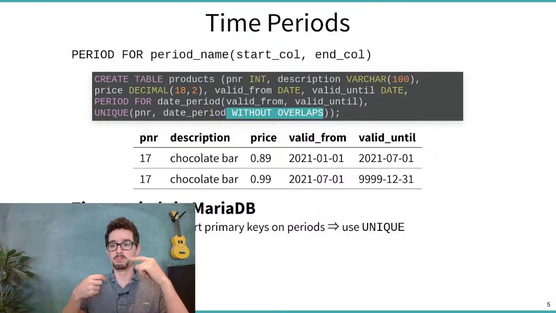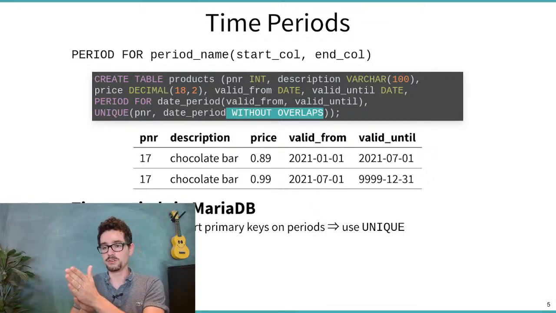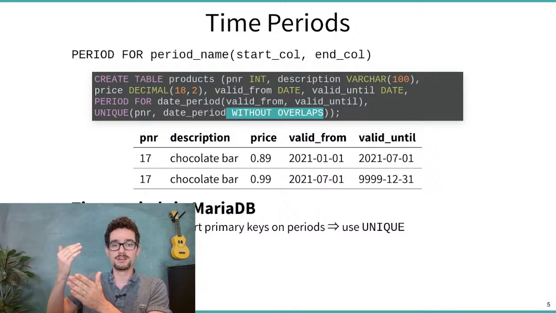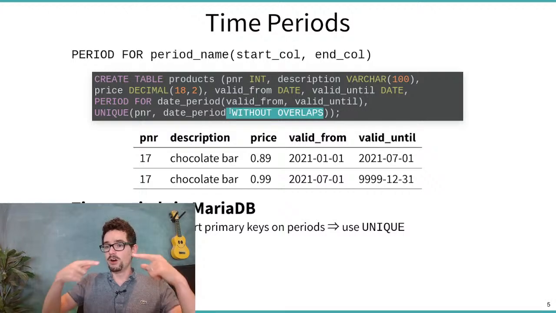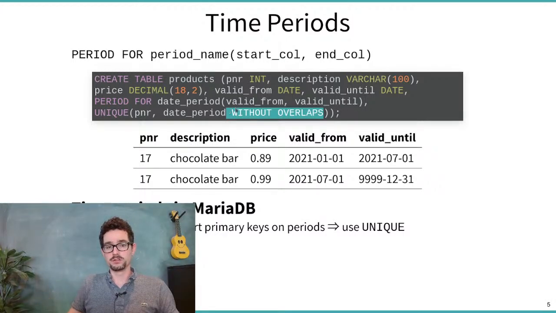So P1 finishes P2. So when this interval is finished, the valid from time from the second interval is equal to the valid until of the other interval. That's okay, but really overlapping is not okay.